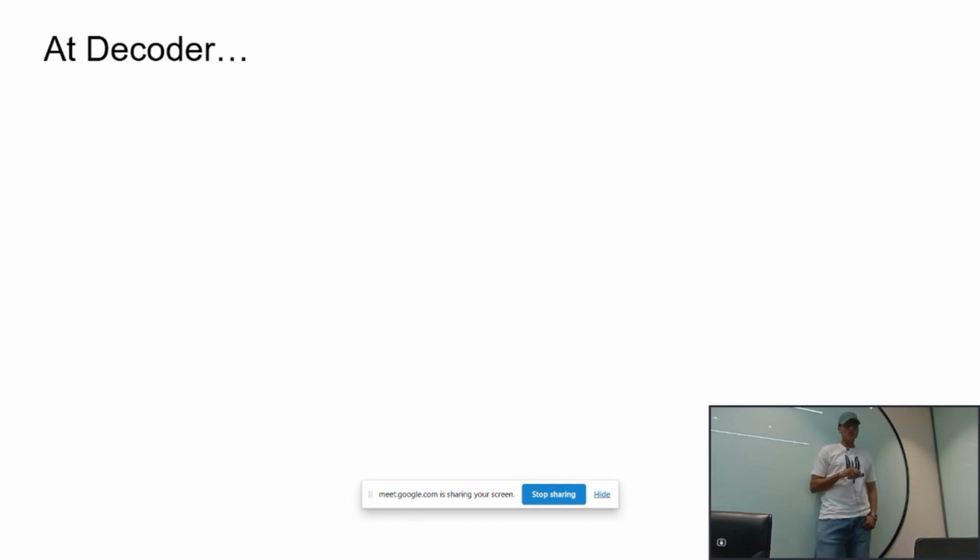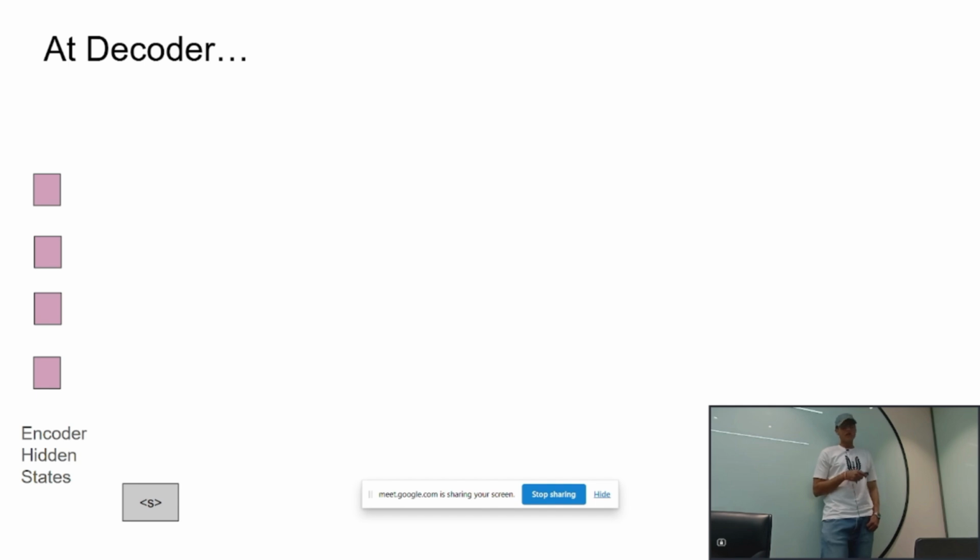Now once you have encoded your input, you move on to the decoder. What the decoder takes are your encoder hidden states, which were the output of the encoder. Then, in order to start generation from your decoder, you nudge it with an input token, which is a special token that it recognizes as the start of decoding.